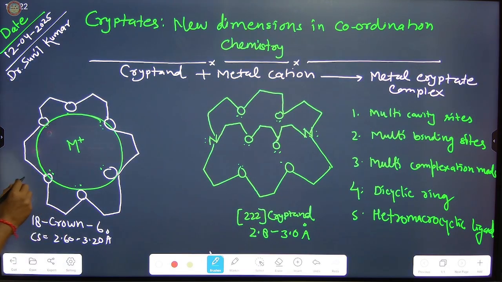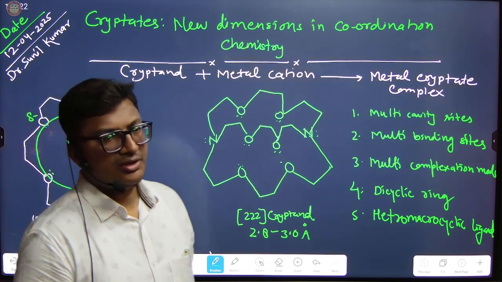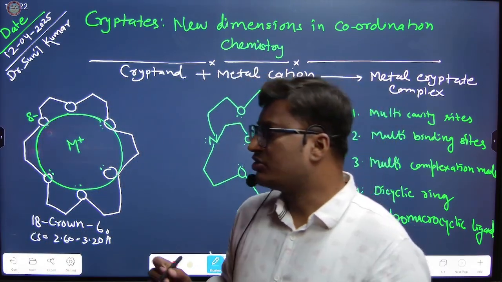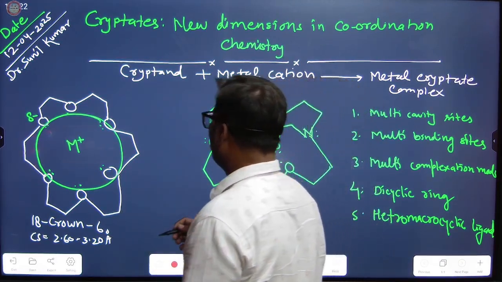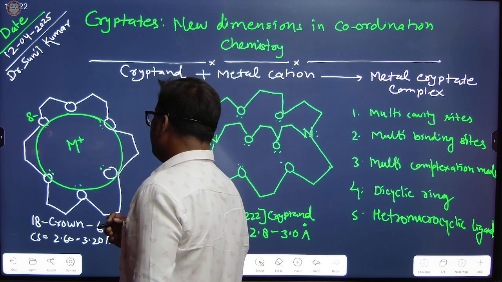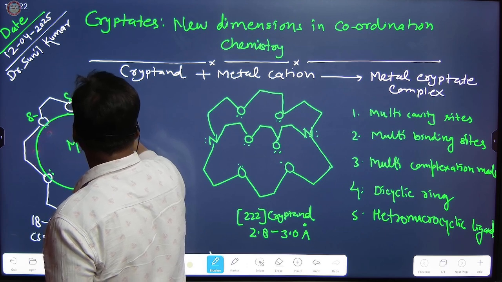The expectation is that there is electrostatic interaction between the negatively charged oxygen sites and the positively charged metal cation.